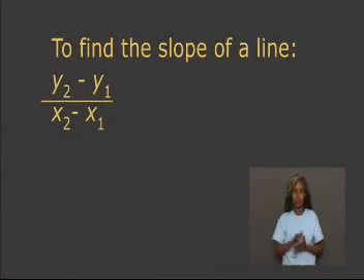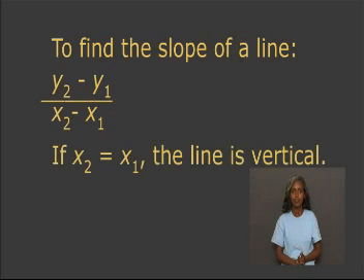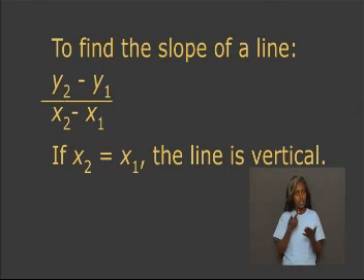Any 2 points will give us a straight line. To find its slope, we use the ratio of y2 minus y1 over x2 minus x1. If x2 equals x1, then the line is vertical. It has no slope.